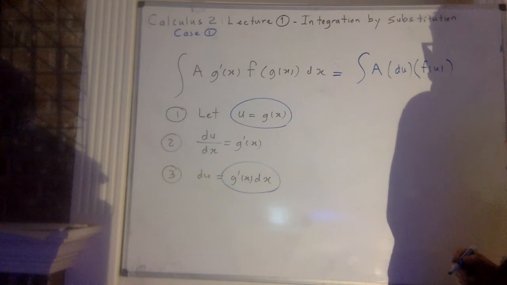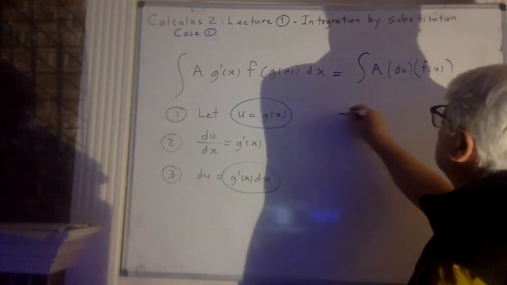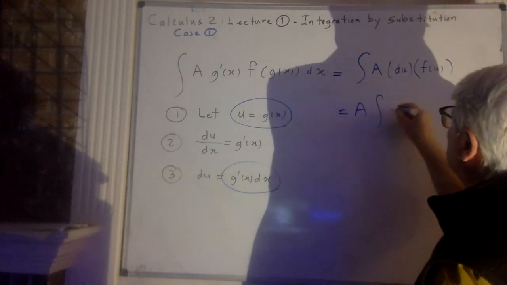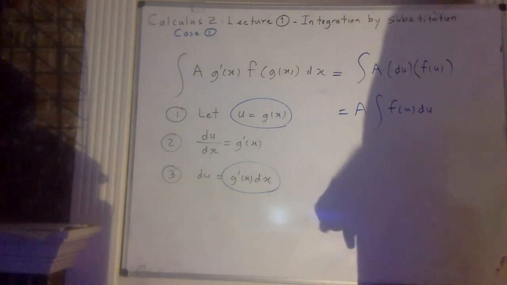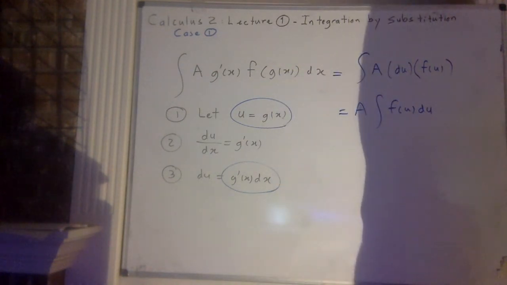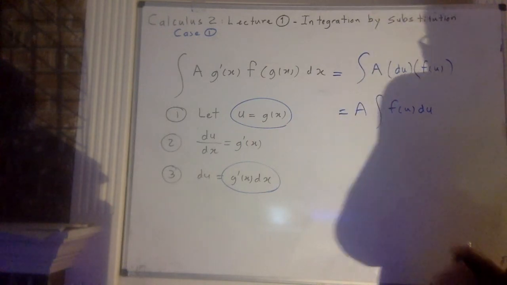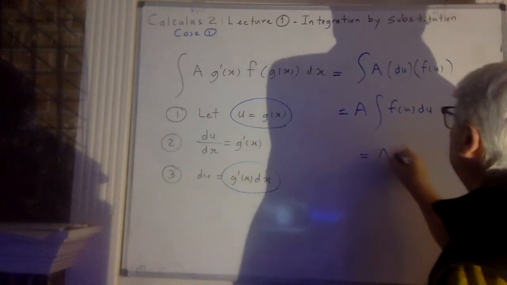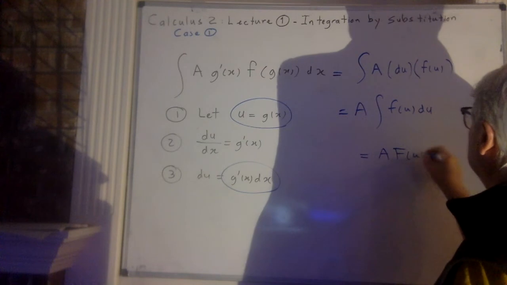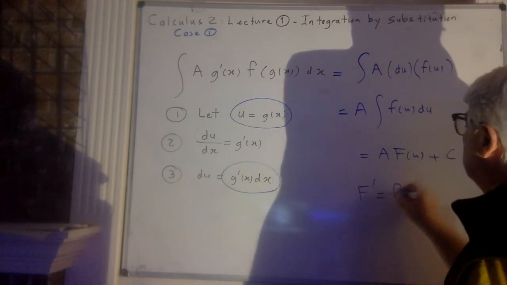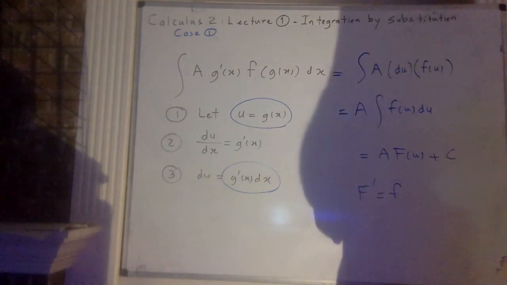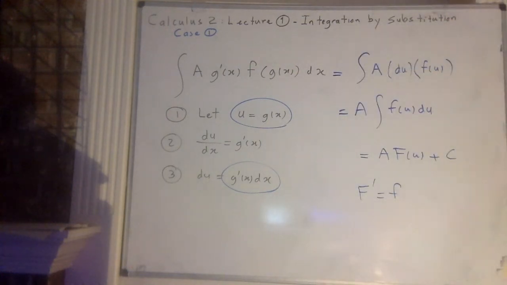So the a comes out, integral f(u) du. And that is in fact a times F of u plus a constant, where F prime is f. Okay, so that is what happens.